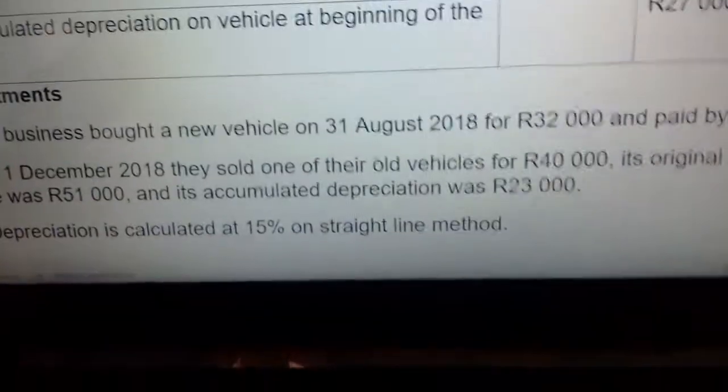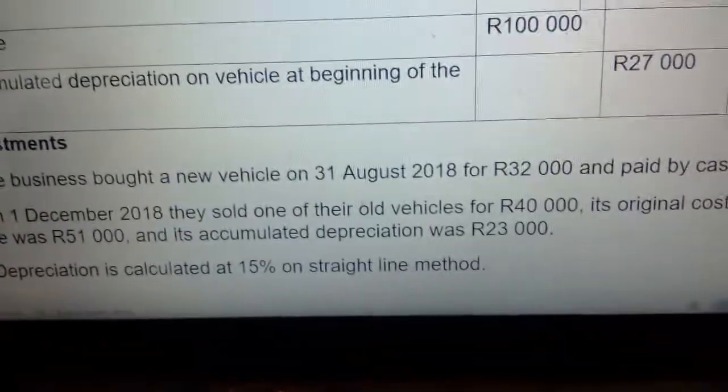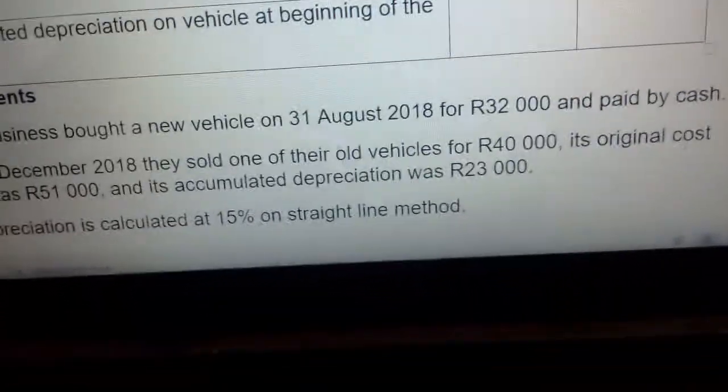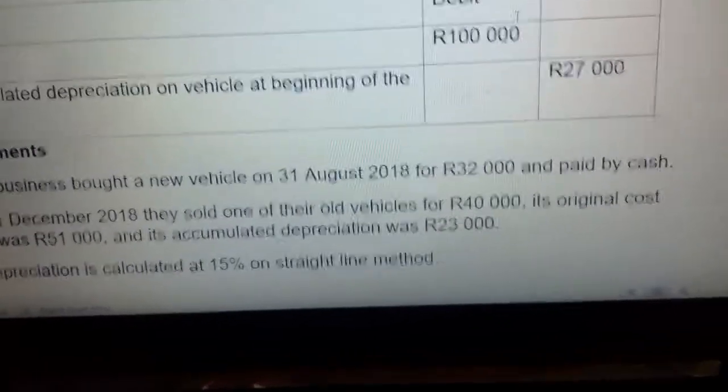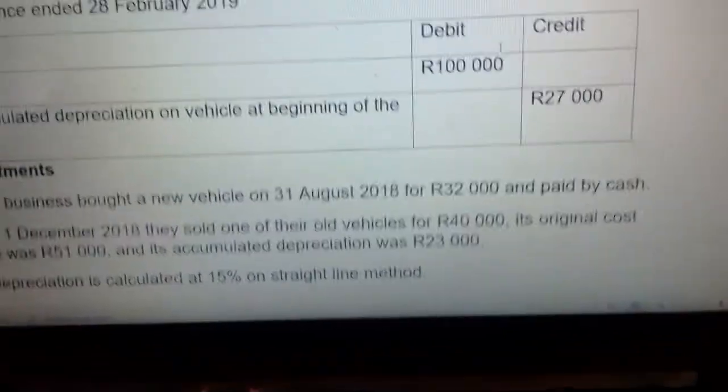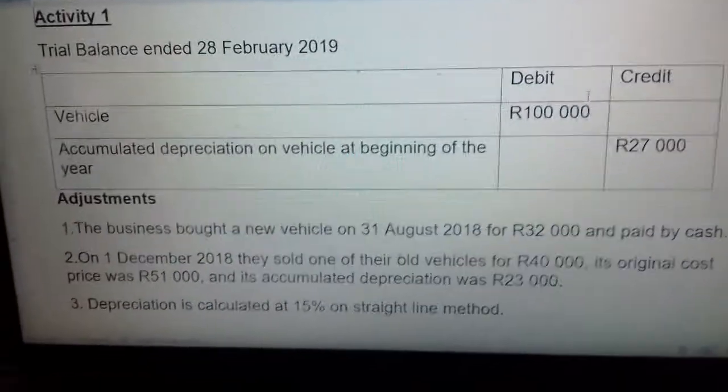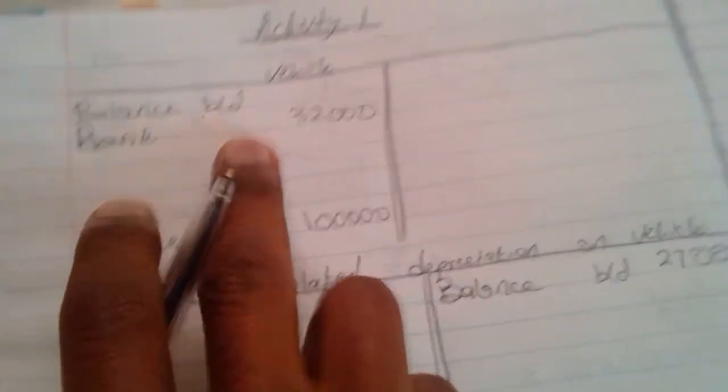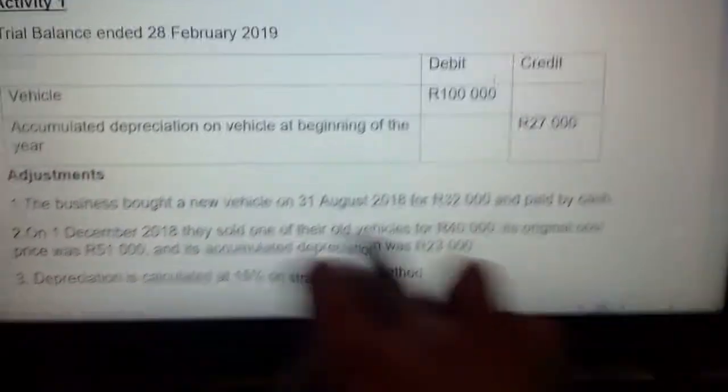When you are reading your transactions, if you see a date, you must record it inside the timeline, because you will be calculating the depreciation. They purchased a new asset on 1 August 2018.